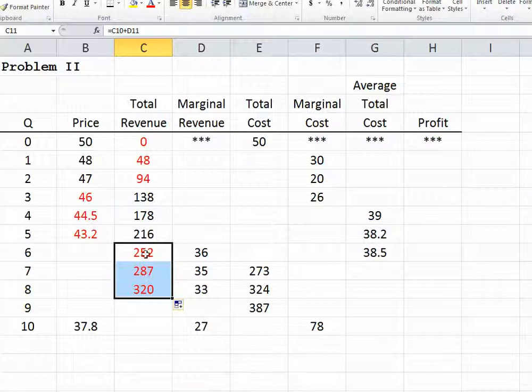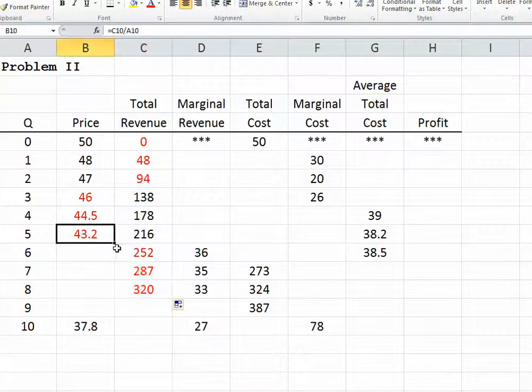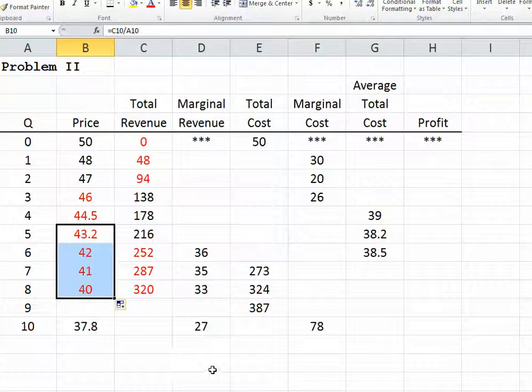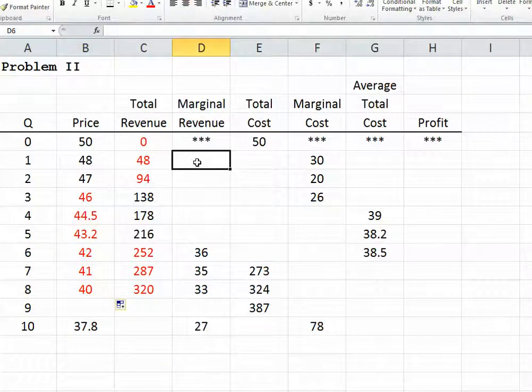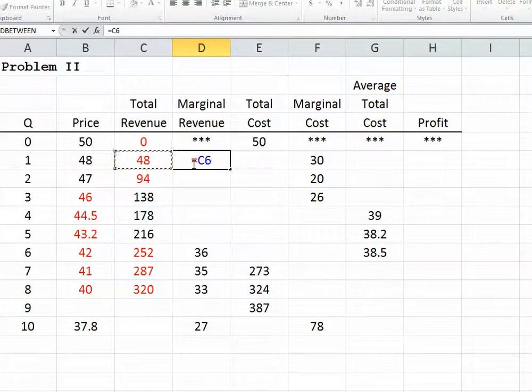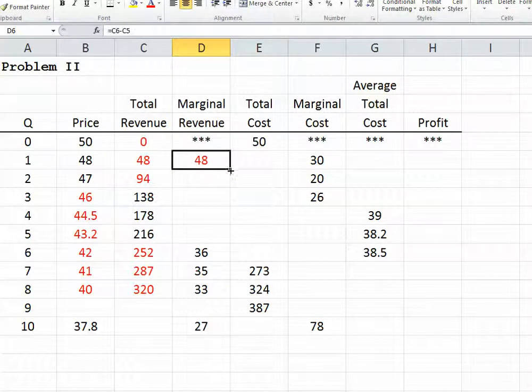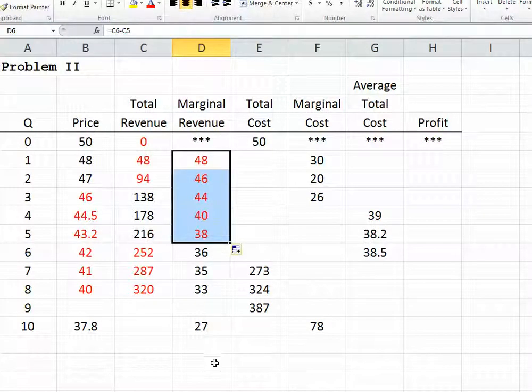So now that I have those total revenues, I can figure these prices. So that's that. And I can go ahead and figure out these marginal revenues. Since marginal revenue is the extra revenue you got, it would be the difference between that total revenue and the one before. So that's all those marginal revenues.